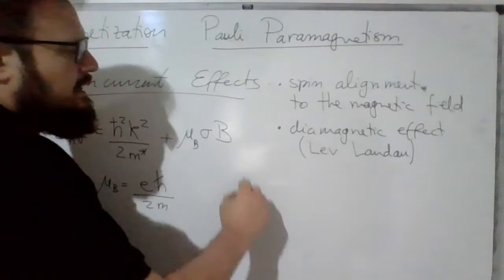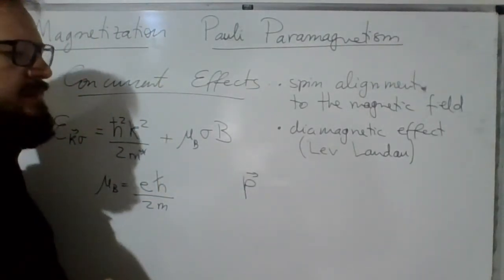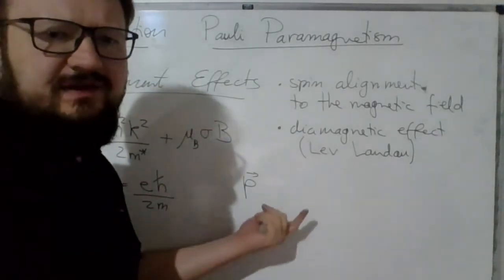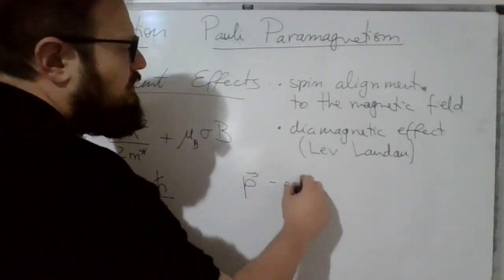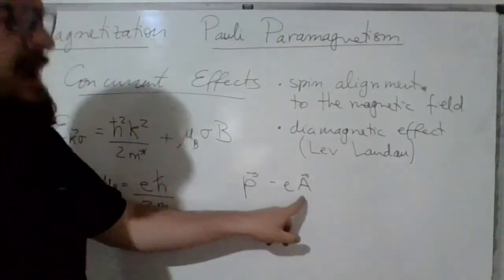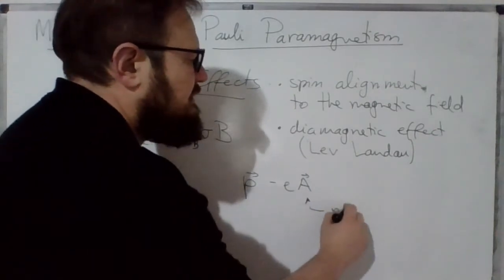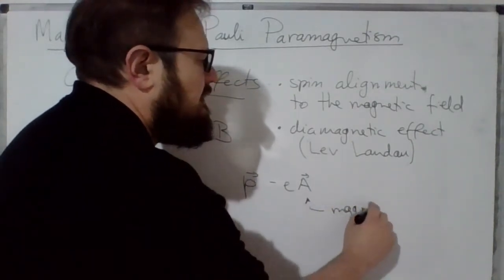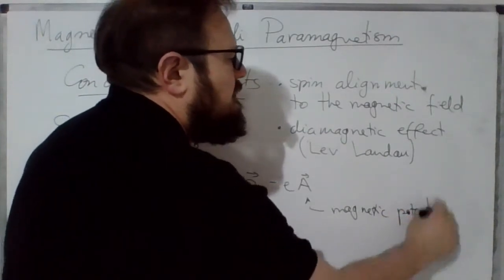When you are calculating a momentum in the presence of magnetic fields, one needs to include a magnetic potential vector.